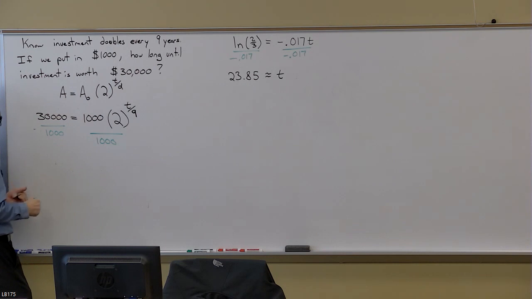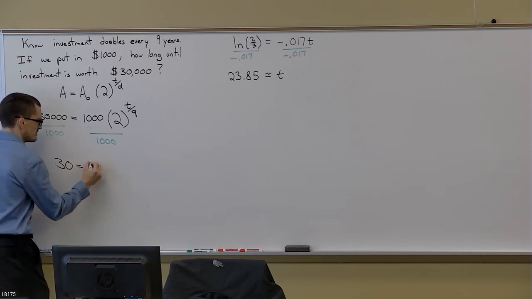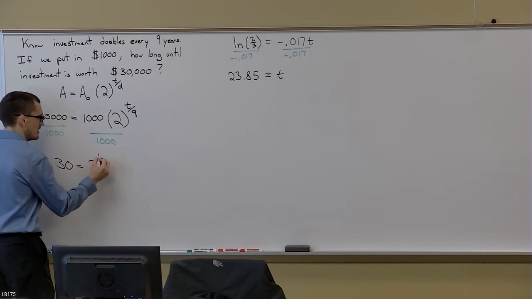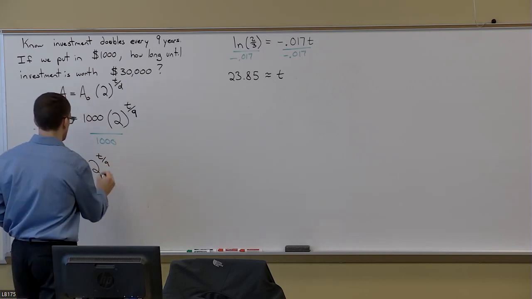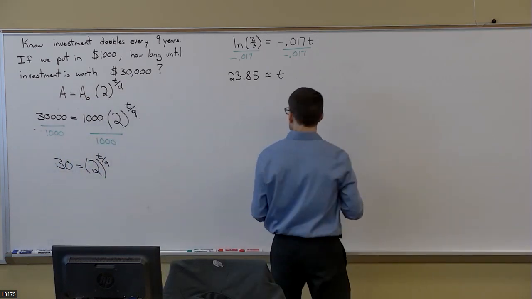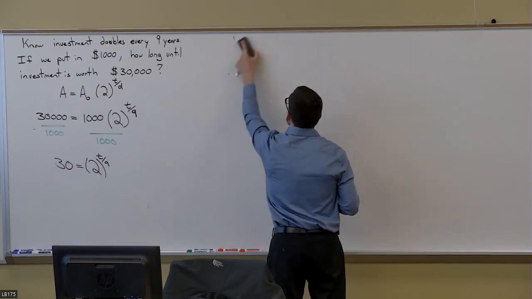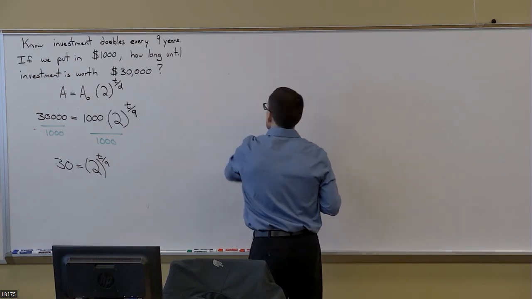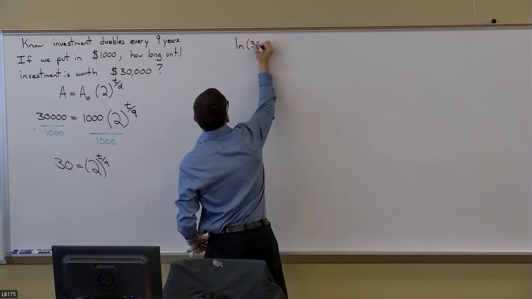Divide both sides by 1,000, and you get 30,000 equals 2 to the T over 9. So 30 equals 2 to the T over 9. That 30,000 becomes 30. 1,000 cancels out. Then I'm going to apply natural log to both sides.